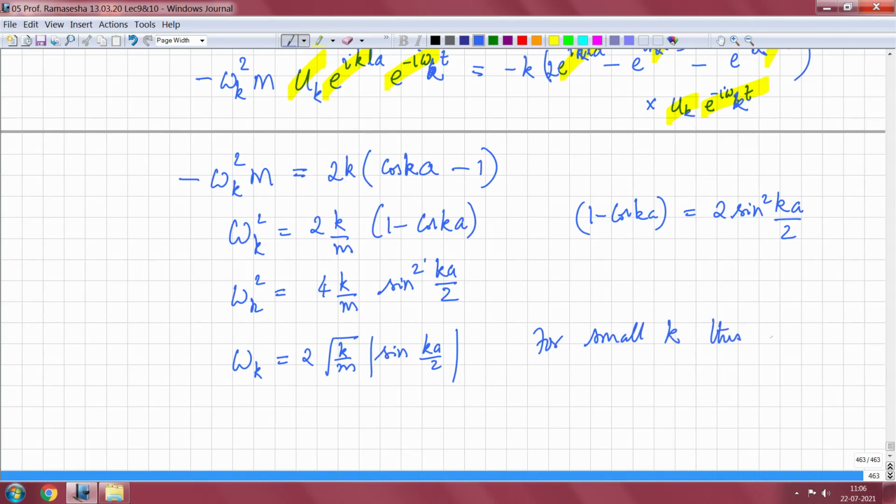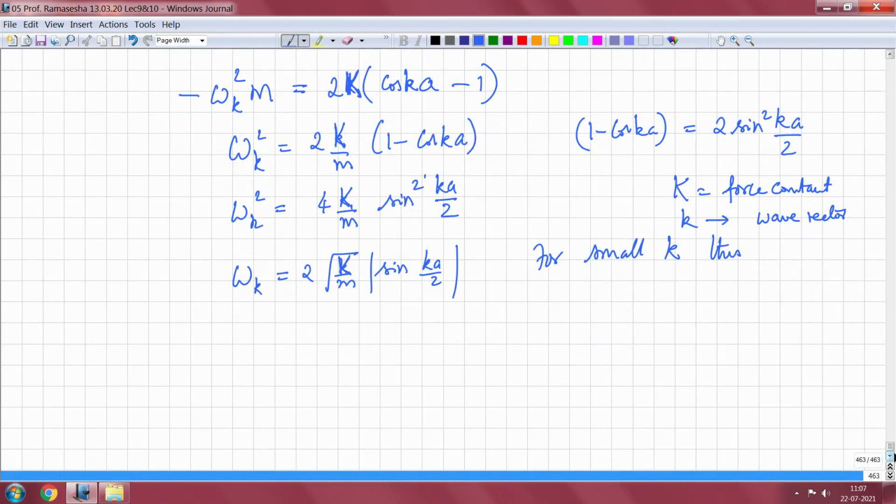So you see that for small k, this behaves like, this is capital K. I have used Q, I made a mistake, but please be warned that this is capital K. So capital K is a force constant and small k is the wave vector. Unfortunately I have not used it consistently.